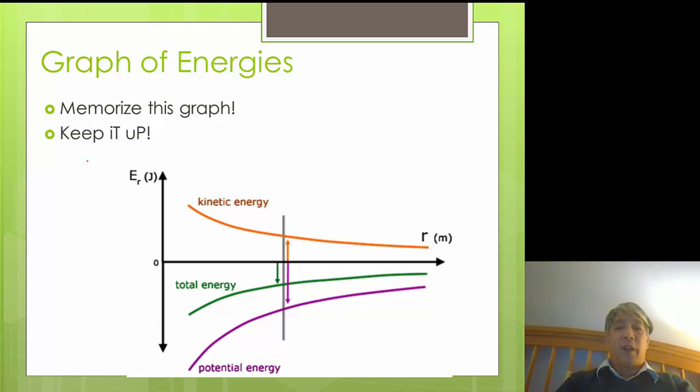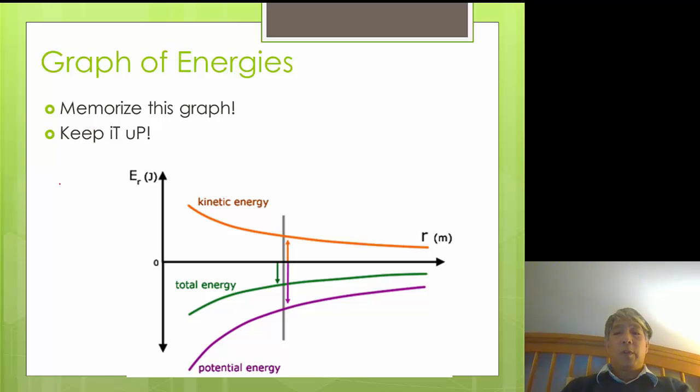It's basically a reflection of your kinetic energy over the x-axis. Your potential energy is double that. Remember, potential energy is twice the total energy. To remember the order, I use a mnemonic called keep it up. K for kinetic energy, T for total, P for potential energy. That's the order from the top going down.